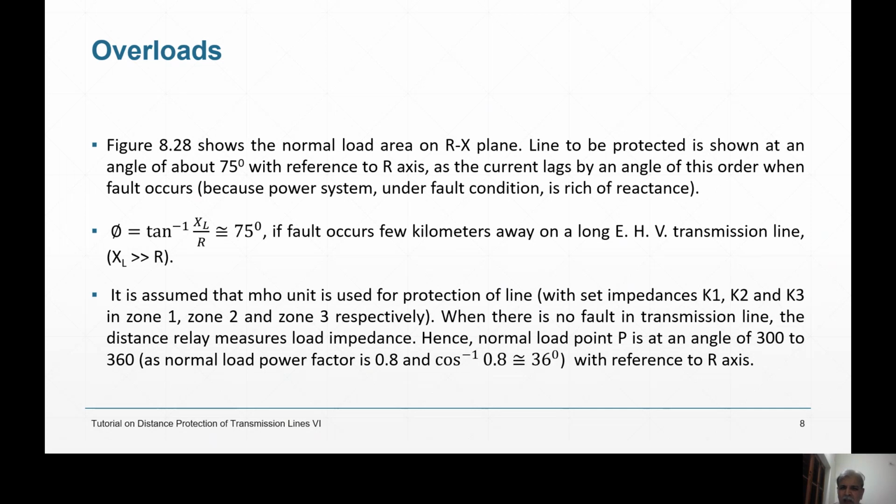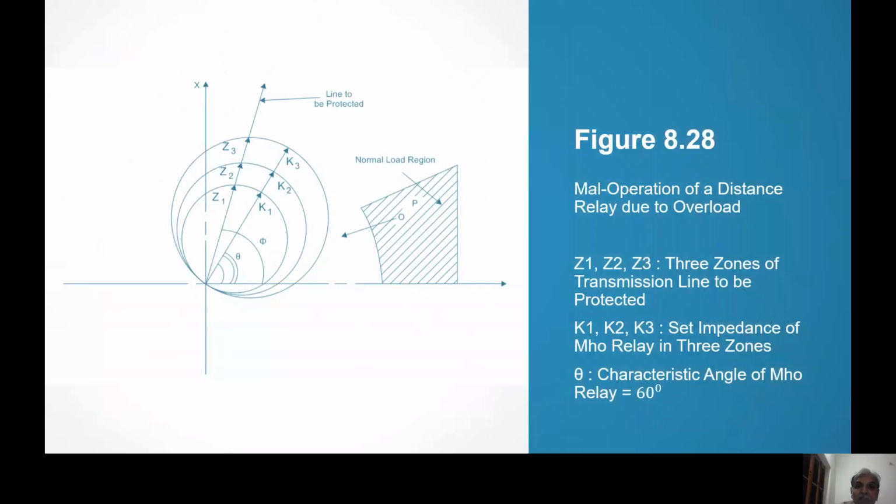But then I don't mean that we allow that overload. The person who is working at the receiving end will see that the line is being overloaded. He will take actions to shed the load, but that shedding will take some 4-5 minutes. Within that time, the relay should not operate. Now, what happens is this, that this is my normal load region. My normal load point is P at an angle of about 30 to 36 degrees, as I was telling you, because the normal power factor is 0.86. So between V and I, the angle is 36 degrees.